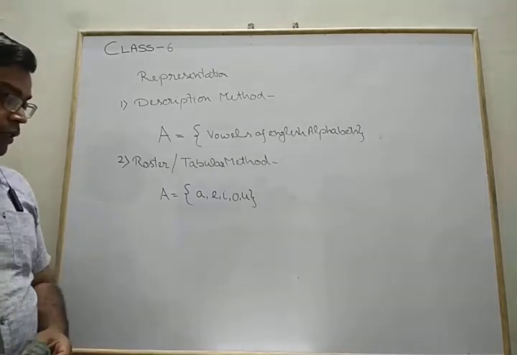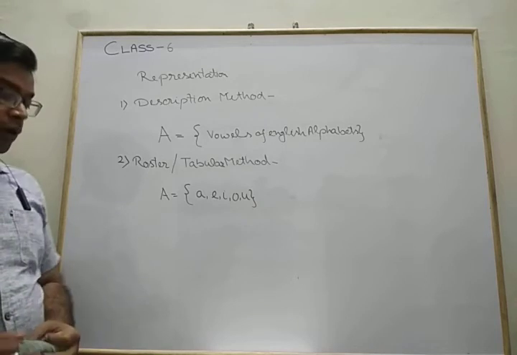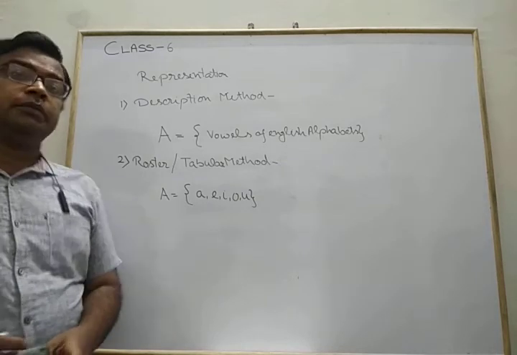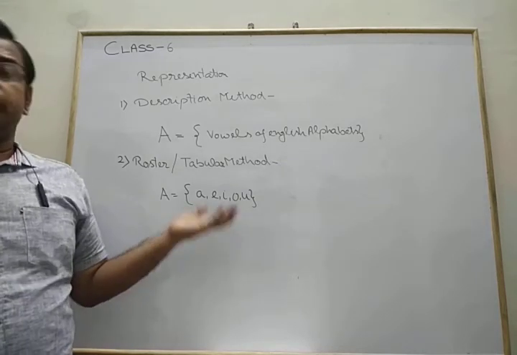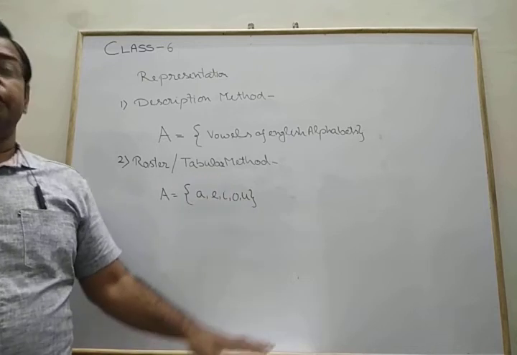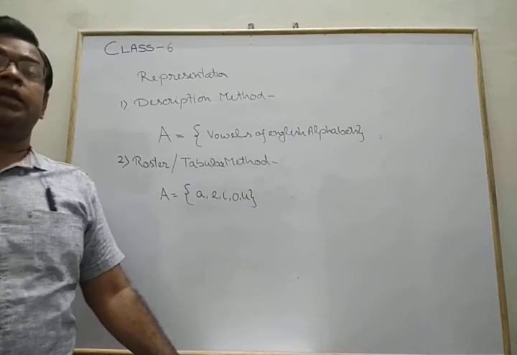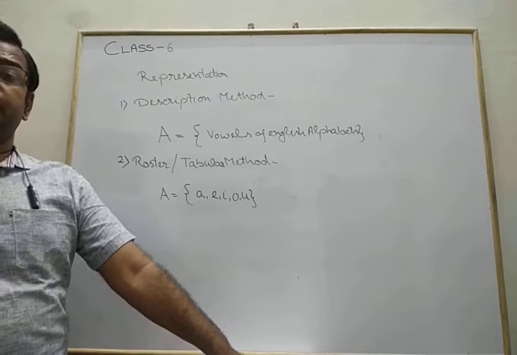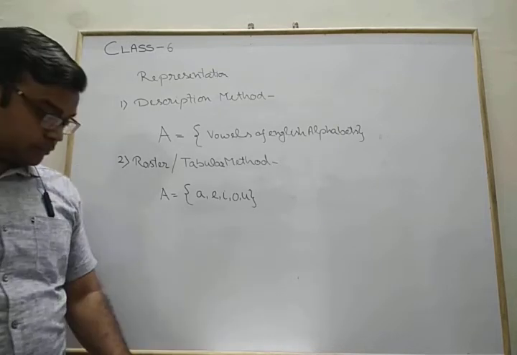Now, the third one is the rule method or set builder form. It's a little tougher one, but once you are able to understand that method, this is the easiest and unique form to represent a set. In higher classes, we always use set builder form to represent a set, even in class 7 also.